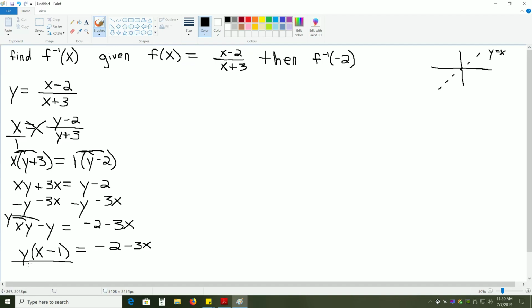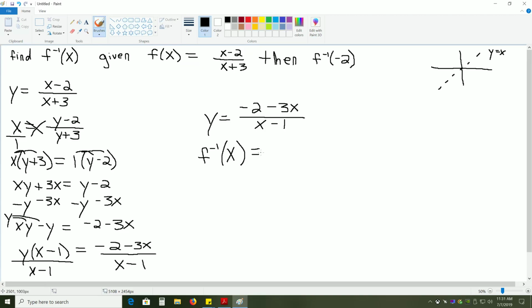And now, to get the y completely alone, we will divide each side by x minus 1, which leaves us with y equals (negative 2 minus 3x) over (x minus 1). And remember, this y is not the same as our original y. This y does not represent f of x, it represents f inverse of x. So we get f inverse of x equals (negative 2 minus 3x) over (x minus 1).